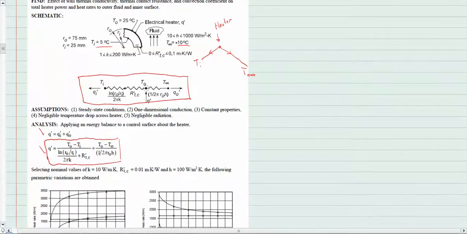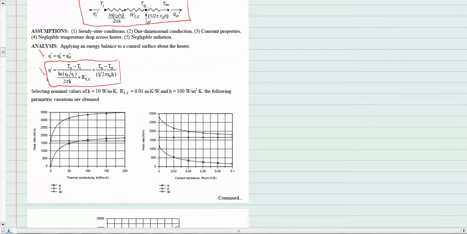The next relatively straightforward step is to vary variables such as k, the contact resistance, and h. Recognize that the q prime and the R primes are per unit length items.